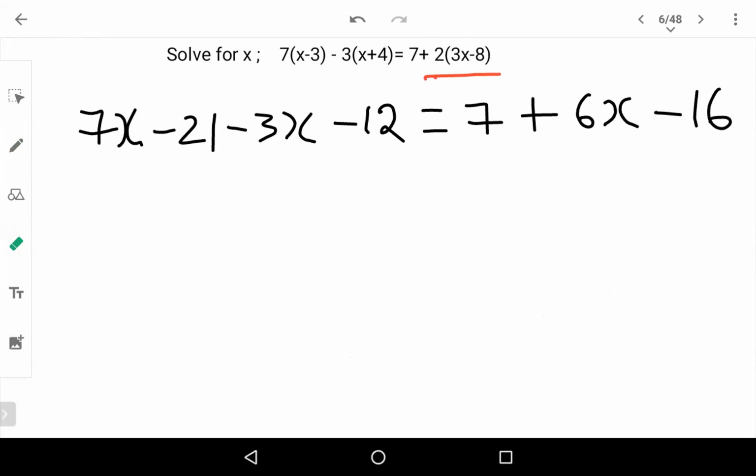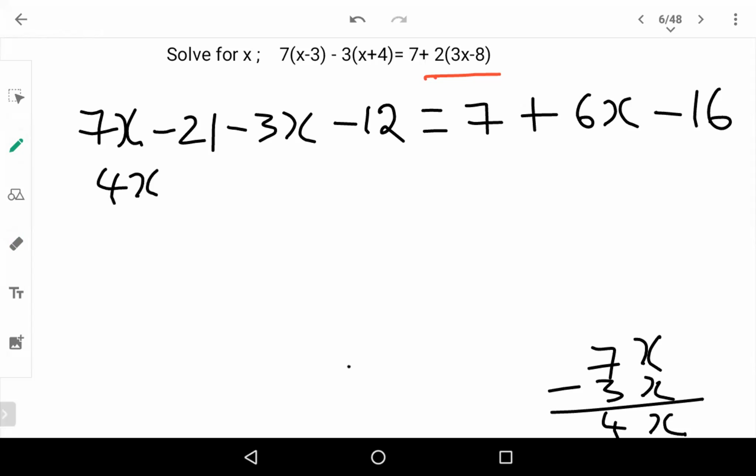Now, next step, we have to simplify. So I will take 7x minus 3x. So this is gonna become 4x, correct? So 7x minus 3x will be 4x. Then minus 21 minus 12.